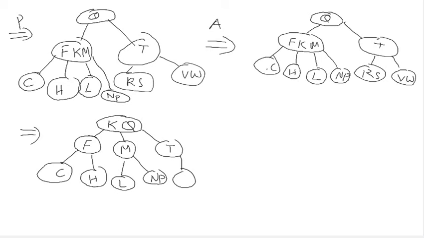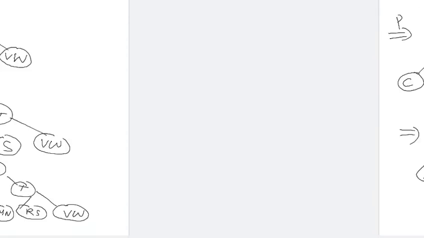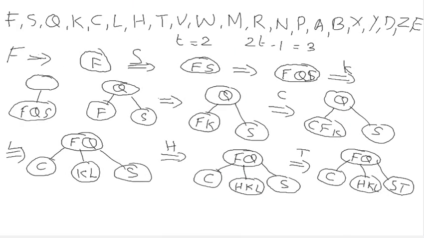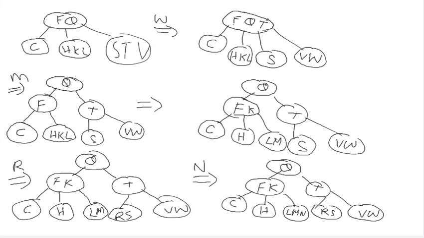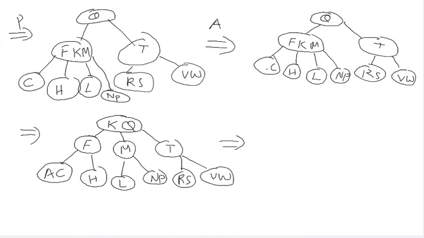Okay, so we have K, Q, then F, M, then T, and A, B, C, then we have H here, then L, and N, P. Now we have R, S and V, W.